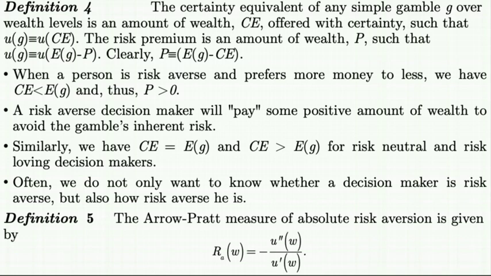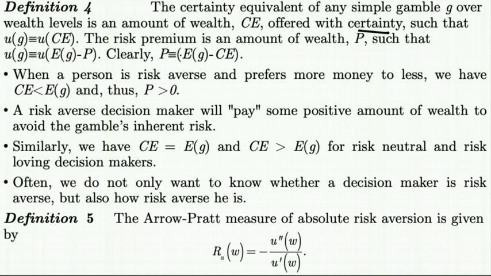Now, there's another thing we want to emphasize here, that is the certainty equivalent. The certainty equivalent of any simple gamble, call it G, over wealth levels is an amount of wealth, call it CE, offered with certainty, such that UG equals UCE. Then there is a risk premium.